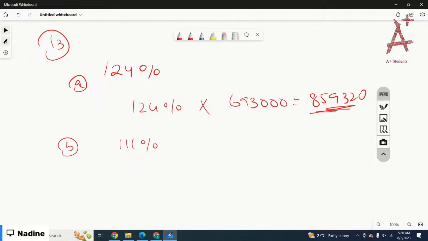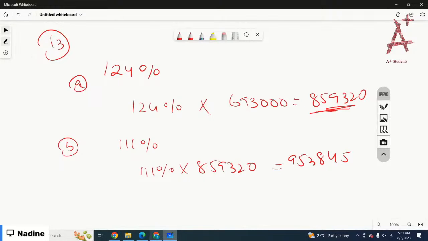Just calculate 111% of this value, 859,320. Okay, let me calculate. 1.11 times 859,320. That is 953,845, right? So the population increased to this value.